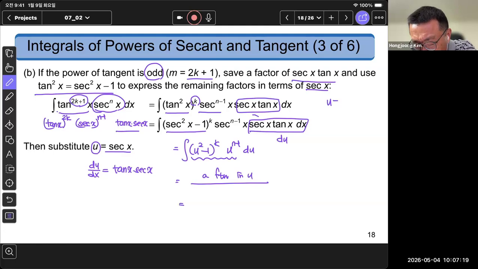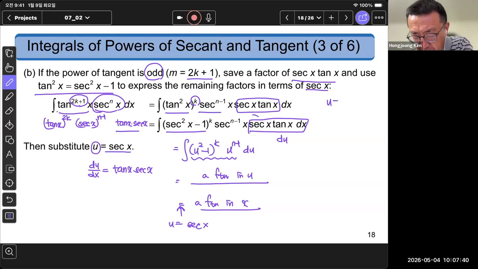You need to plug in secant x for u, then you get a function in x variable. So that is the formula when the power of tangent is an odd number.